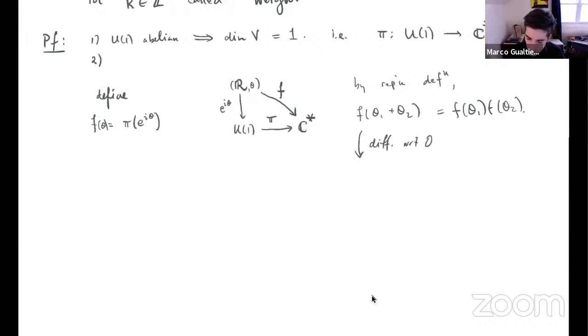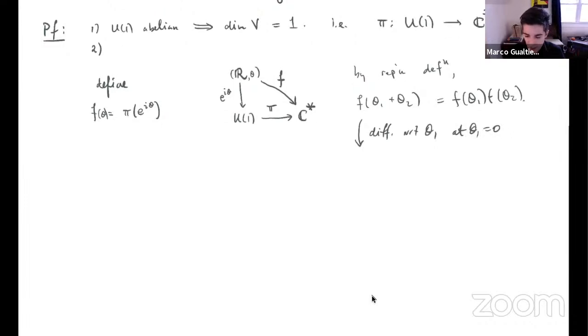That's the strategy. So if we differentiate with respect to theta 1 at theta 1 equals 0, what am I going to get? Well, I'm going to get f prime at theta 2 is equal to f prime at 0 times f of theta 2 plus f at 0 times, well, f of theta 2 doesn't have any derivative with respect to theta 1, so that's just 0.